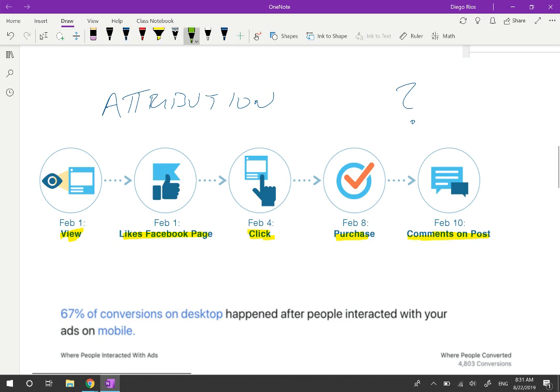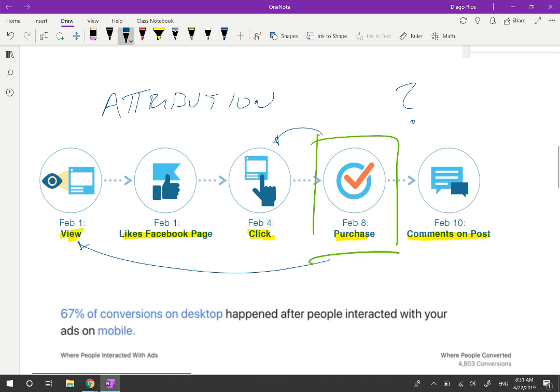So the purchase right here, do you attribute this to this click? Do you do it to this view? Or do you even do it to the fan page, because you had an ad to get likes, right? Where do you attribute your campaign?